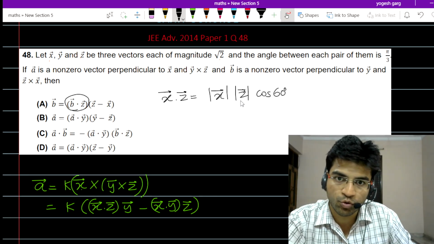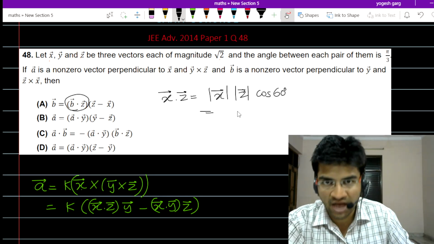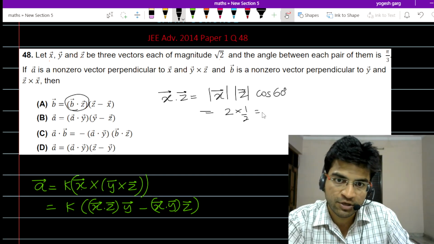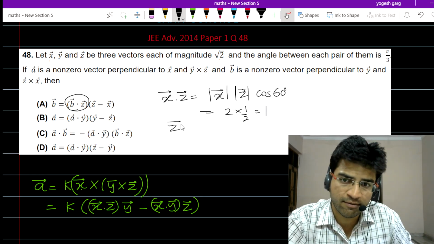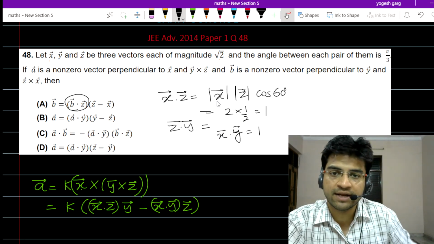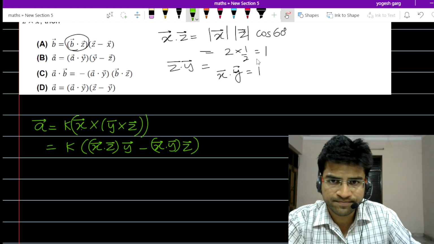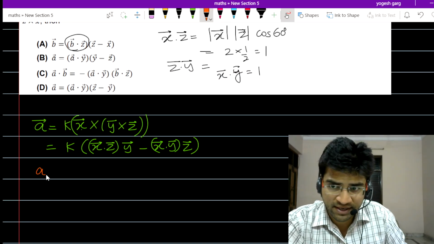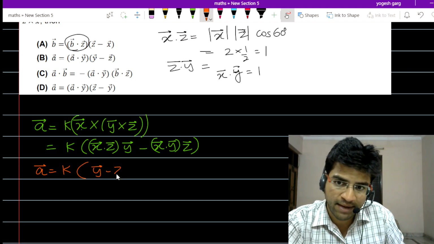So this is √2 times √2, their product is 2, into cos 60 degrees, that is half, so 2 into half is 1. Interestingly, this will be the case for z dot y as well, and the same for x dot y. They all will be equal to 1, right? So just use these things and we will get A vector as k into y vector minus z vector.